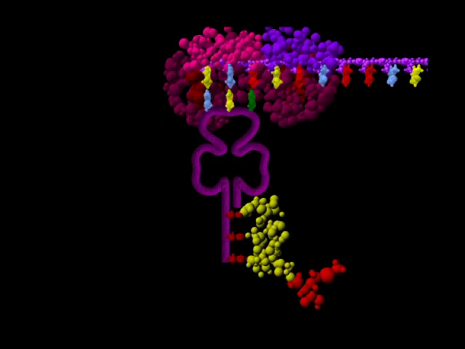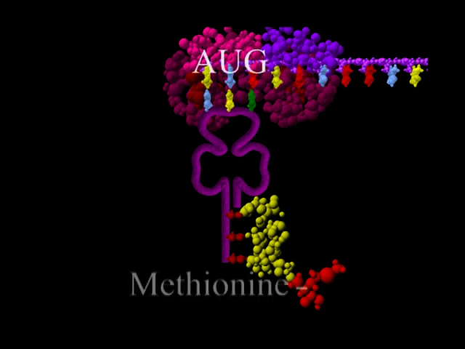The anticodon of each tRNA is complementary to the codon of the mRNA that specifies the amino acid attached to that tRNA. AUG specifies the amino acid methionine, and its complementary anticodon is UAC.